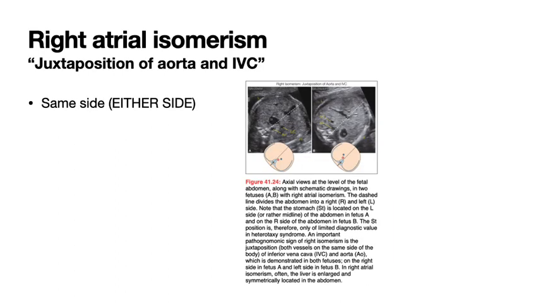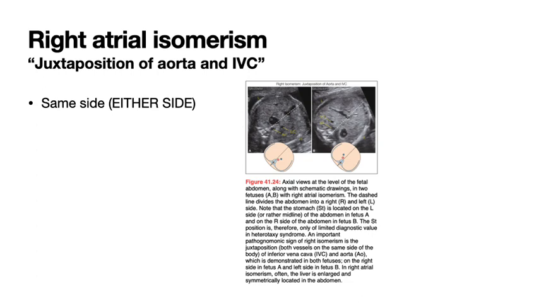Now here, the term juxtaposition of aorta and IVC means that they are on the same side. So whenever you see the IVC and aorta on the same side, think of the phrase juxtaposition of the aorta and IVC, right atrial isomerism. Now here they are throwing a wrench in the works. You would think, okay, good, the aorta's on the right side and the IVC's on the right side also.